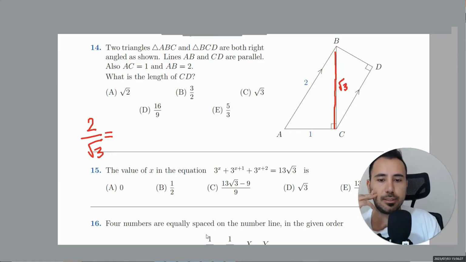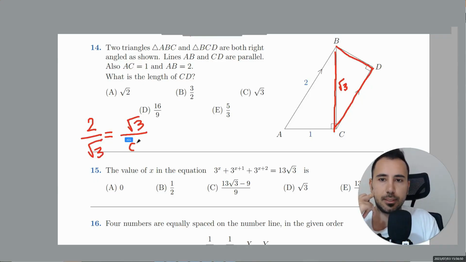Now for this triangle, again, the ratios will be the same. Why? They are similar. We proved they are similar. So for this one, the hypotenuse is the square root of 3. The second largest one is CD that we want.